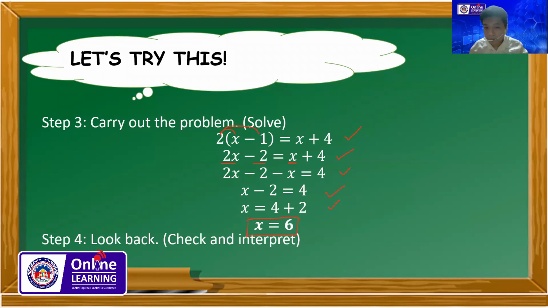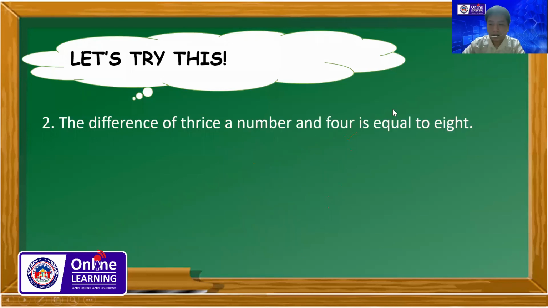And then let us check if our solving is correct for us to have the final answer, which is x equals 6. Okay, so maybe let us proceed to another example for us to understand further. Let us proceed to example number 2.